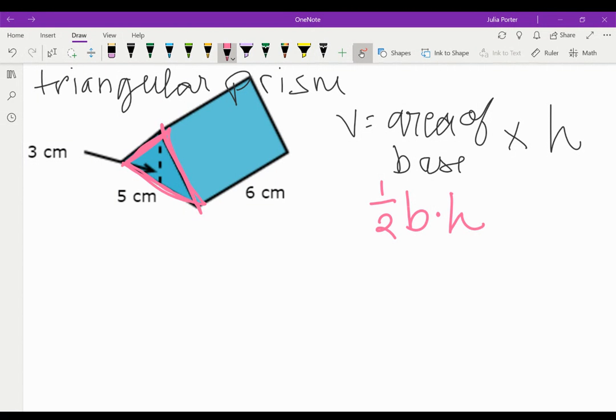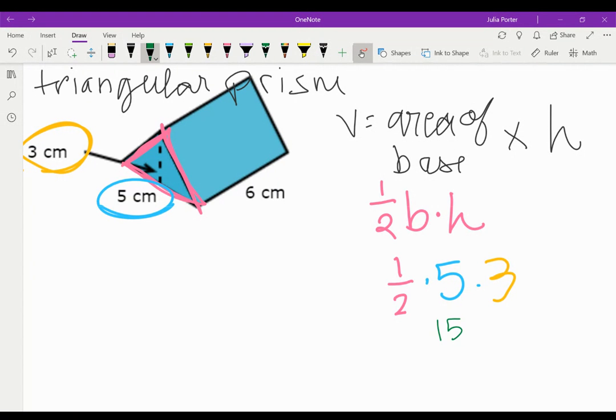I have my half times the base of my triangle, which is this 5, times 5, and then times the height of my triangle, which is this 3 over here, times 3. If I multiply these together, I'm going to get 15 halves. I'm just going to leave it in fractional form.